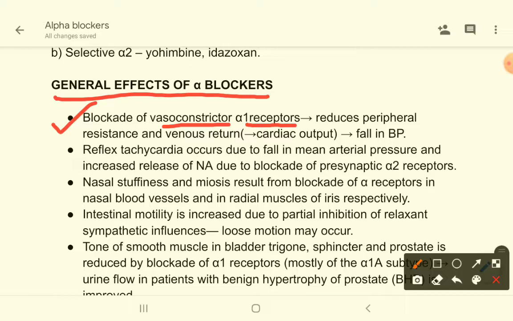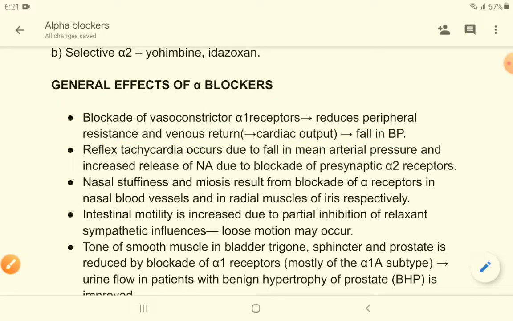So if you block these alpha 1 receptors on the blood vessels, they will reduce the peripheral resistance and venous return, ultimately cardiac output, and there will be decreased blood pressure. So you are blocking the vasoconstrictor alpha 1 receptors, so there will be ultimately vasodilation. Vasodilation will lead to decreased peripheral resistance and venous return, and that will lead to fall in blood pressure.